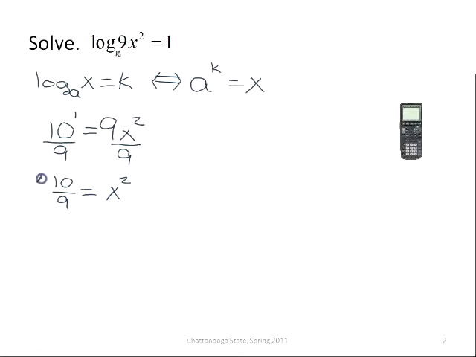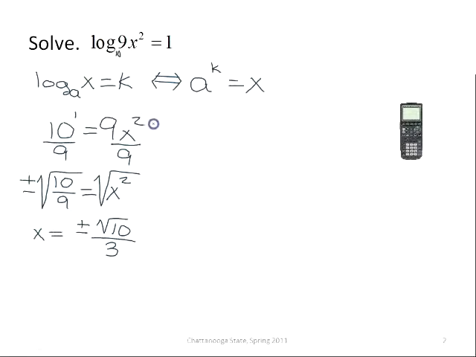And then I want to solve it by taking the square root on both sides. And remember, when I use my square root property, I have to use both the positive and the negative square root. So this will give me the positive or negative square root of 10 over the square root of 9, which is 3.